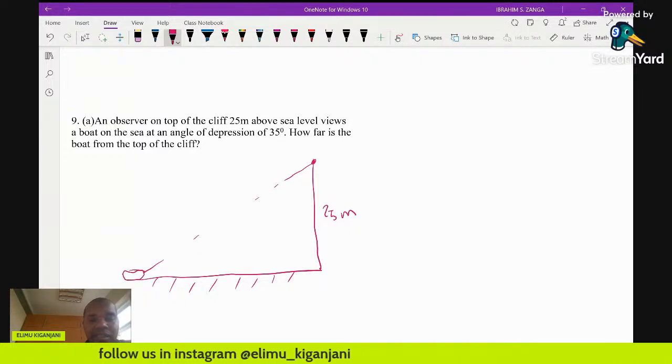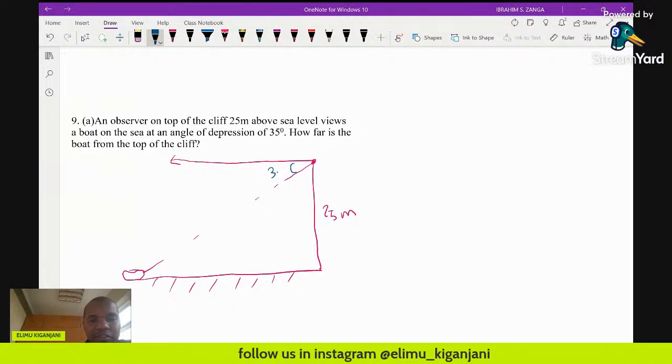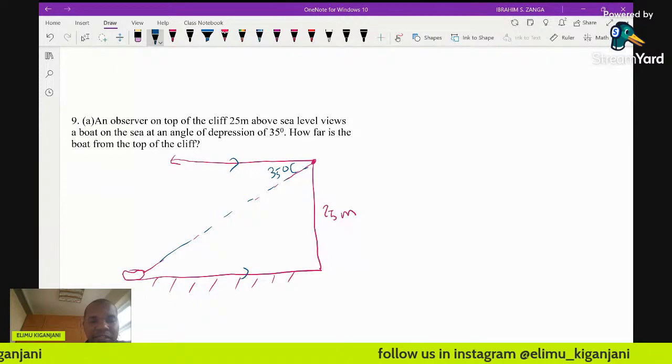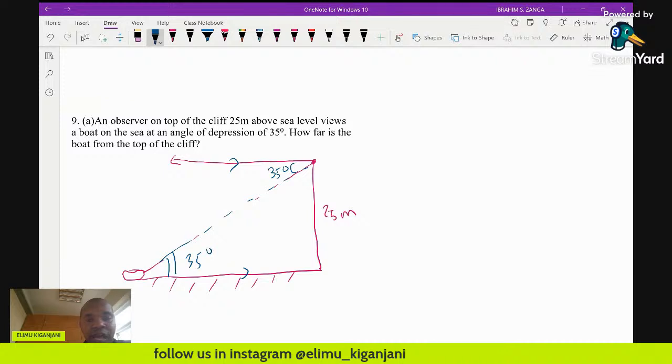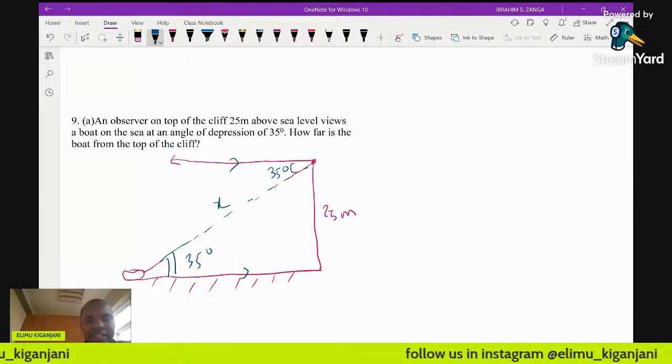The angle of depression is 35 degrees. Because these two lines are parallel, this angle is also 35 degrees. How far is the boat from the top of the cliff? We are looking for this distance, x.